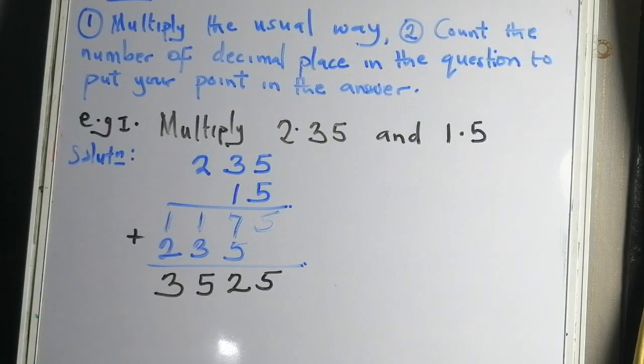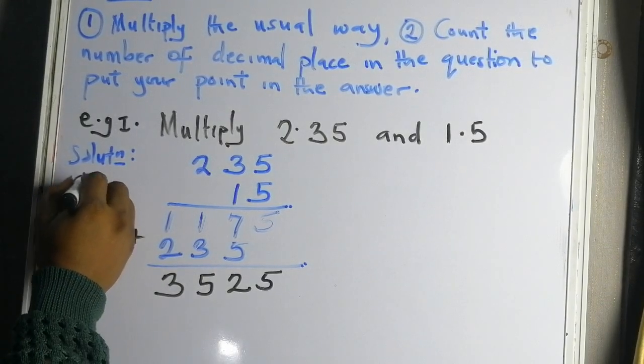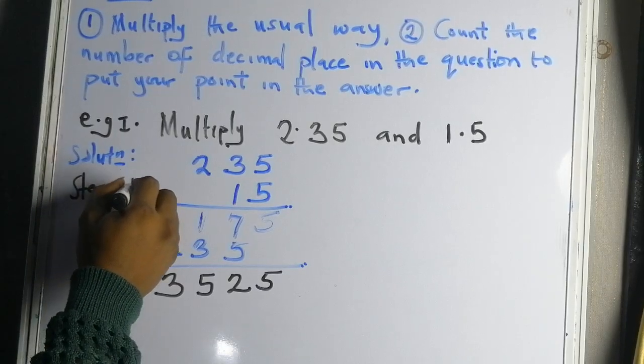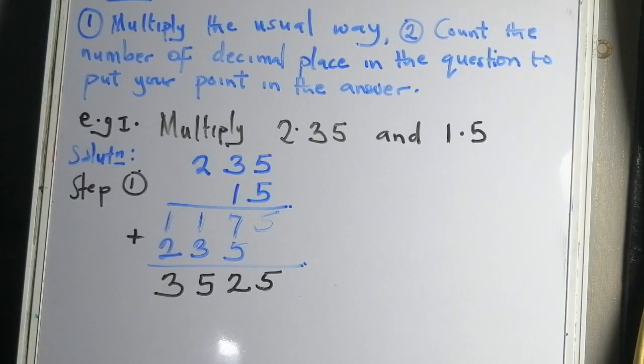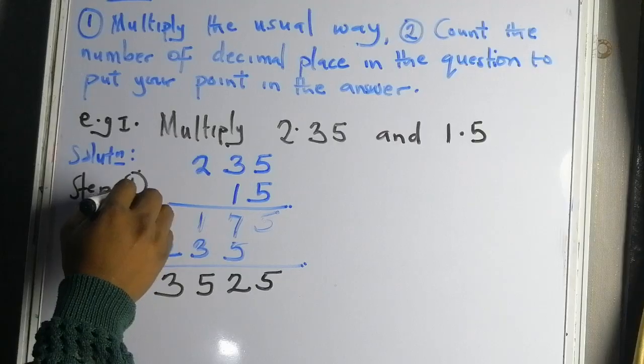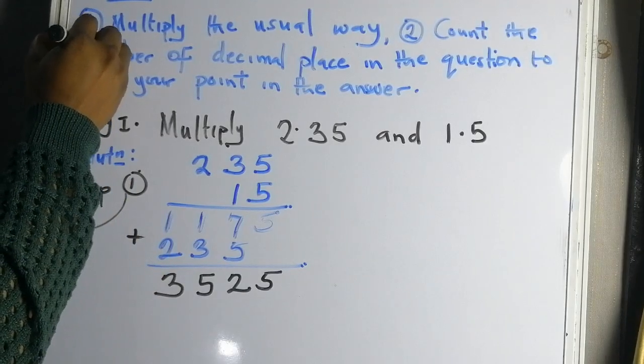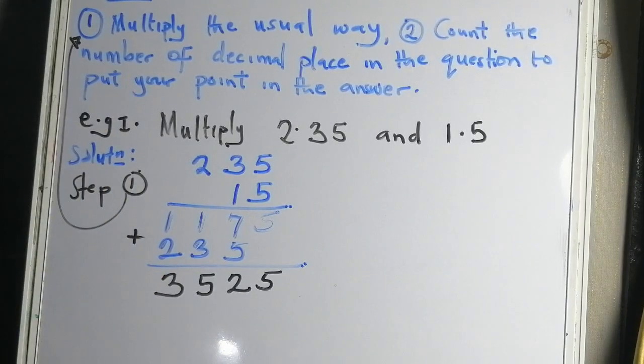So this is step 1 above: multiply the usual way. Now the next thing we need to do is count the number of decimal places in the question.